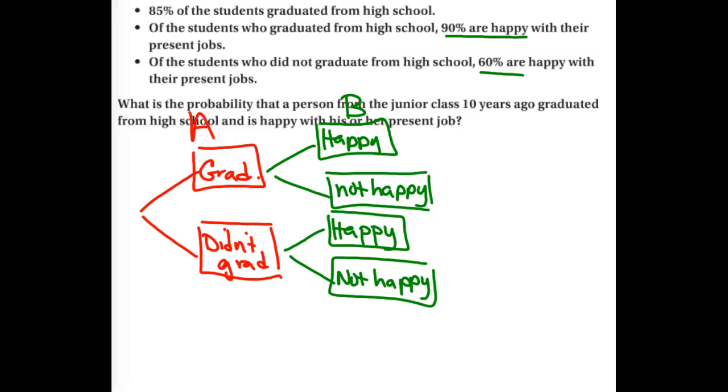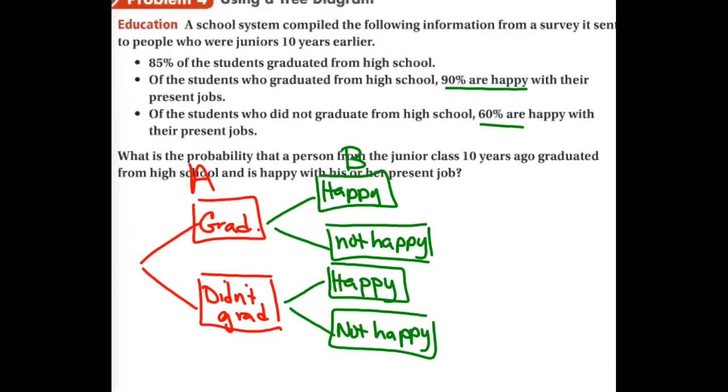So what we want to do is put these probabilities that were given on the branches. And the rule that you have to follow is anytime something branches out, those branches have to add up to 100%. So when I branch to graduating and not graduating, I have to account for 100% of the kids, right? They graduated or they didn't. Those are the only two options.